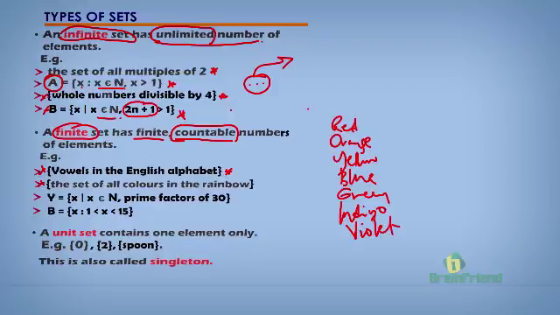So we have 7 colors within our rainbow. And of course they are countable, hence we refer to them as finite sets.